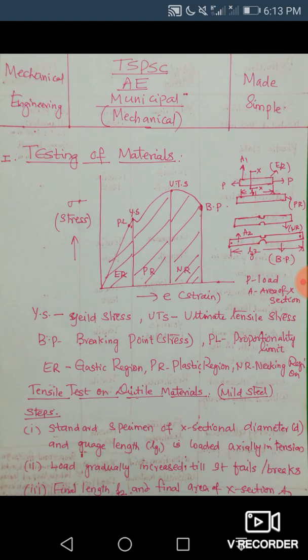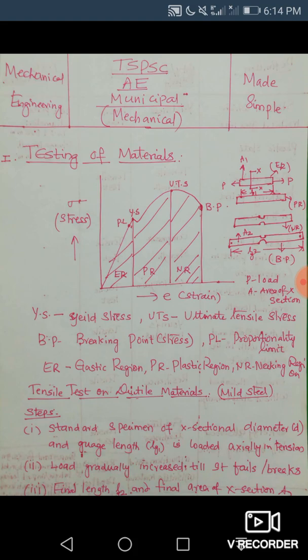Till the proportionality limit PL, the stress is proportional to strain and Hooke's law is obeyed, and at the yield point the specimen first goes into the plastic region. The ultimate tensile stress is the maximum stress reached in tension, and the breaking point is the stress at which the test specimen is going to break. So, this is in a nutshell the stress strain diagram for ductile materials like mild steel.